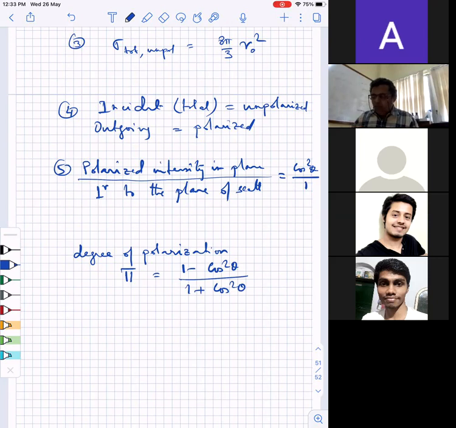Now, cos square theta, of course, goes from 0 to 1.